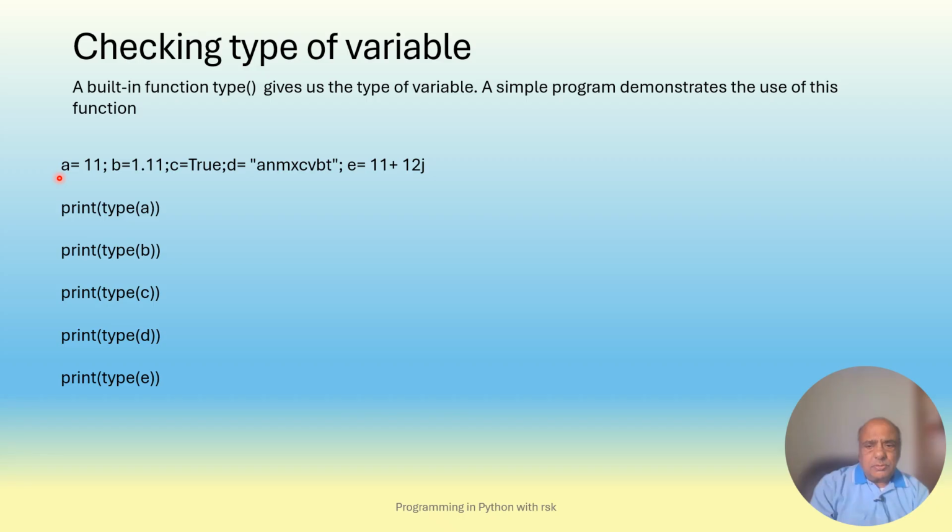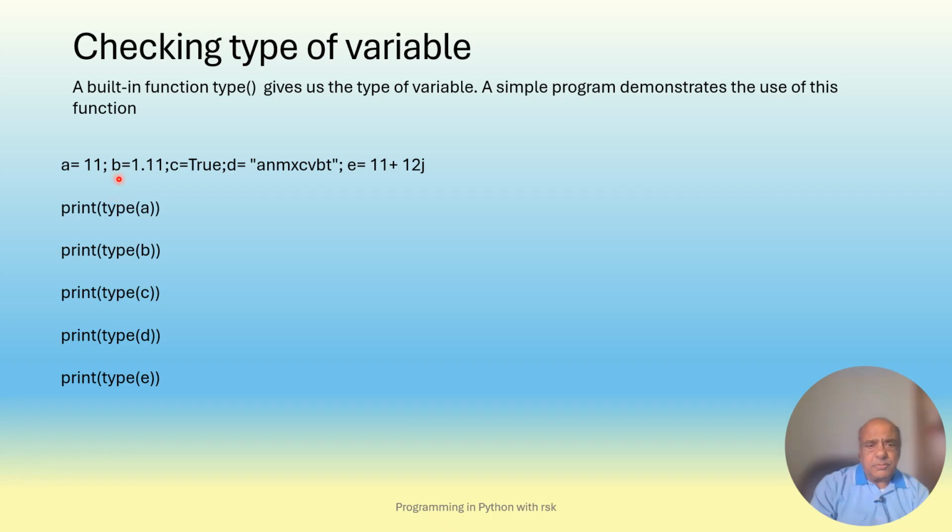So what will Python infer? A is assigned an integer. Even if we do not mention the type anywhere, A will be inferred as int and will be treated as int till it holds the value 11 or any other integer number.